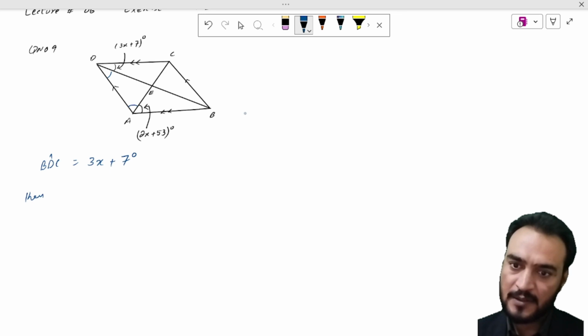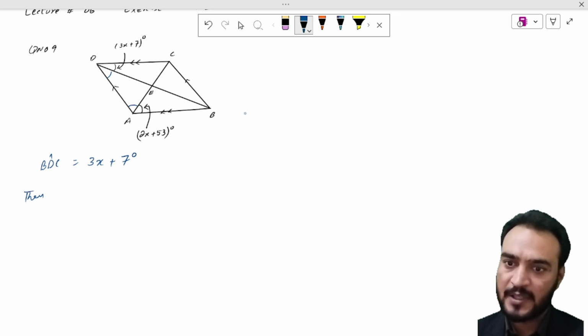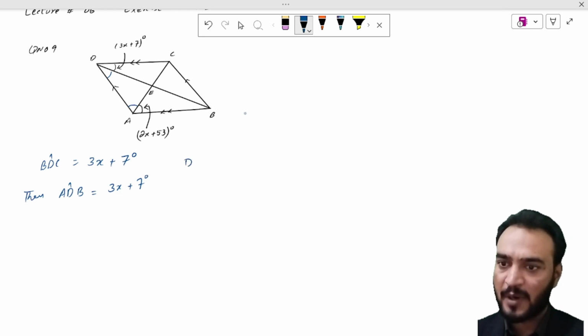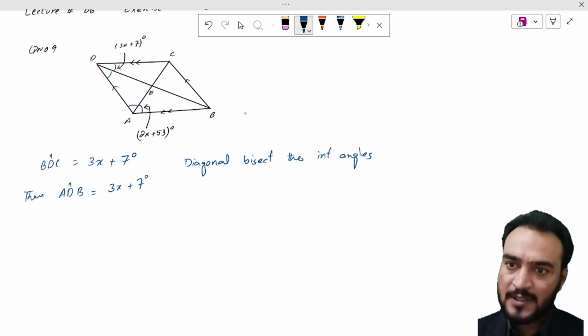Then the angle ADB is equal to 3x plus 7 degrees because the diagonal bisects the interior angles. Hence, this angle is also equal to 3x plus 7 degrees.